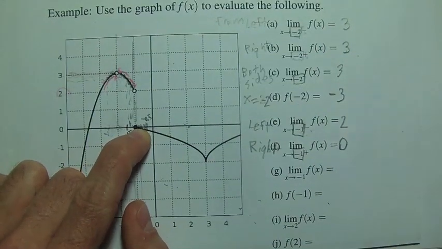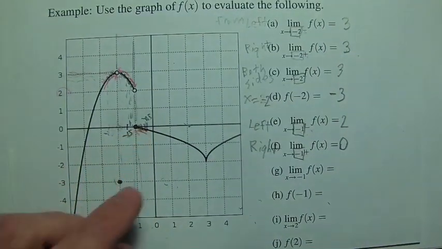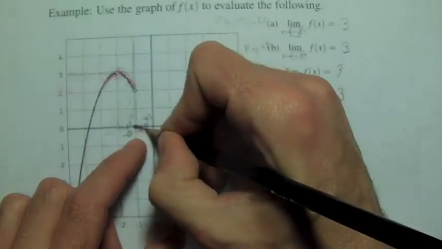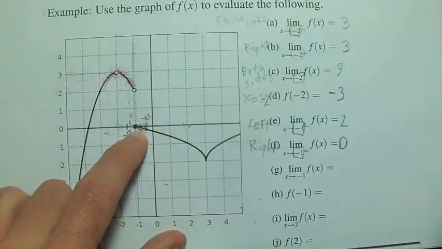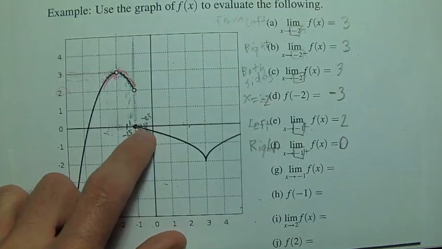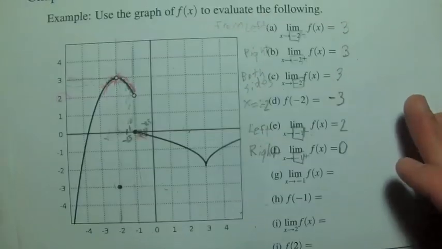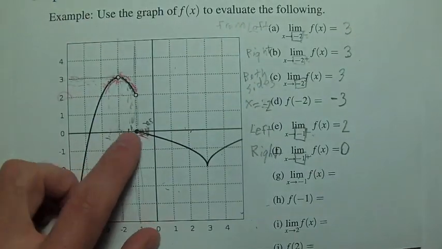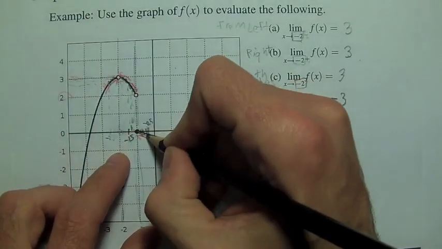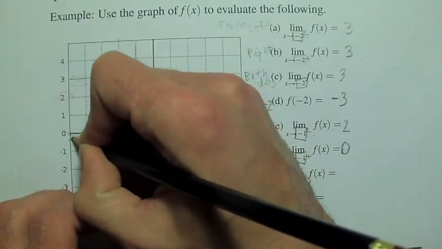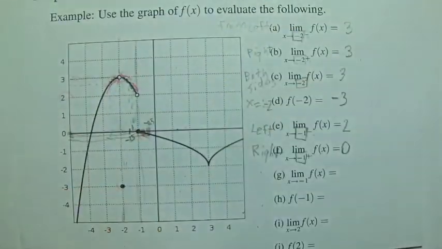Okay. So it looks like the limit as x goes to -1 from the right is 0. Right? As x gets closer and closer, what is happening to the y? So the y's, when we map them over, get closer and closer and closer to 0.